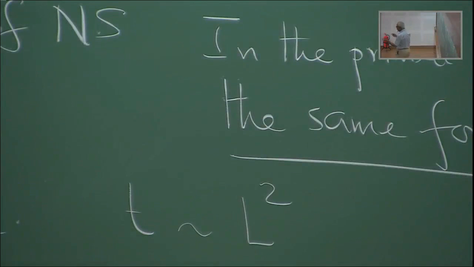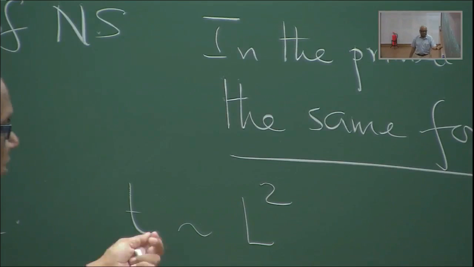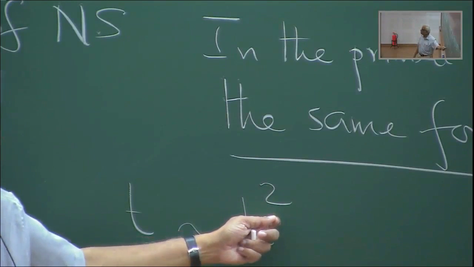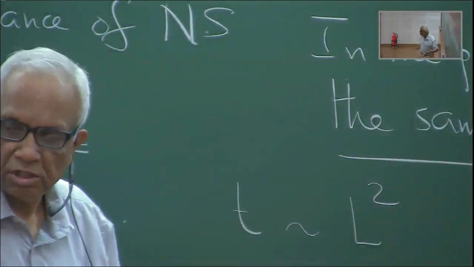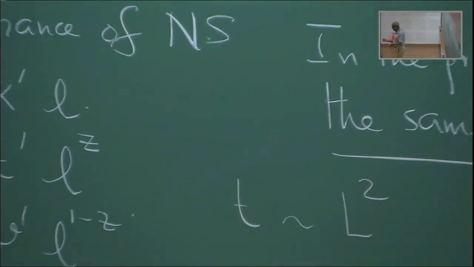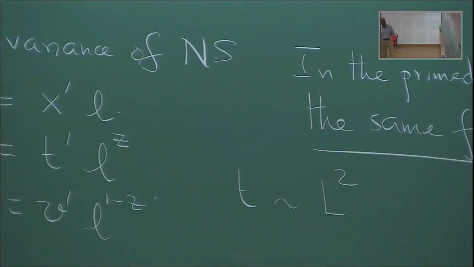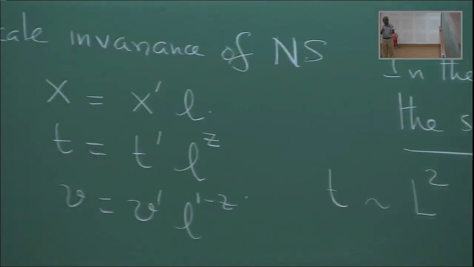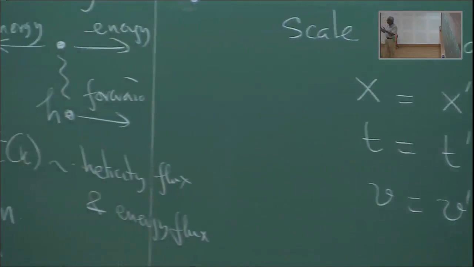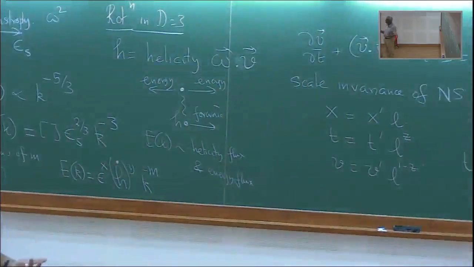So in what time does momentum diffuse over a region of size L? The time is going to be of the order of L square. That's what the diffusion equation tells you. That's what z equal to 2 has told you. And therefore, everything is according to your expectation.